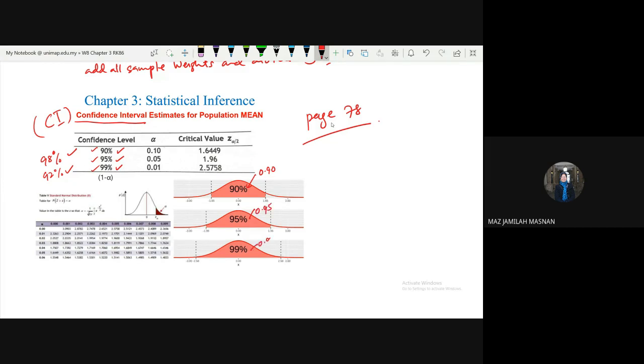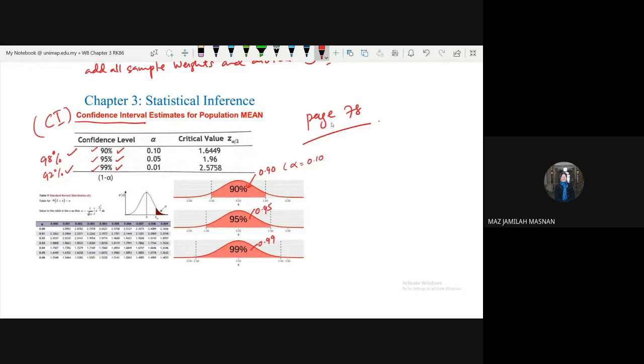This one is 0.99. Now, what about the rest of the probability? If we have 90%, then our alpha is 10%. So in this case, alpha is equal to 0.10.